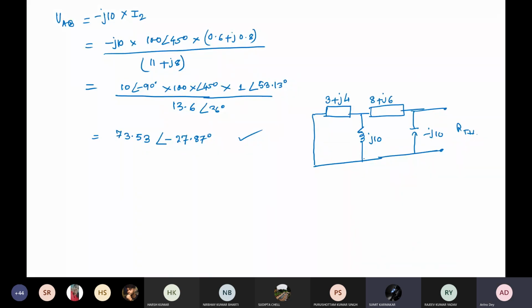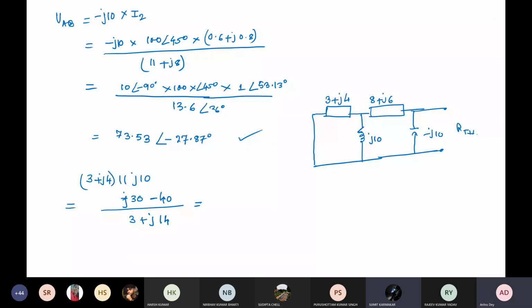So what will be that 3 plus j4? This is parallel with j10. So first you have to solve that. So it is j30 plus j30 minus 40, isn't it? j square equal to minus 1, divided by 3 plus j14. So you need to solve it.